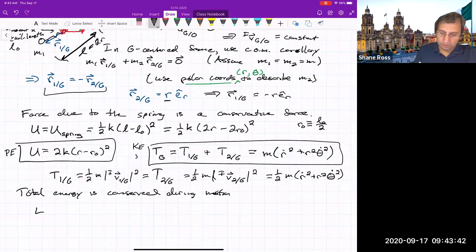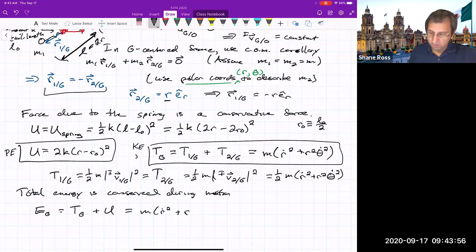And what is that total energy? We could write it as E sub g. It's Tg plus U. And we could just write it out. So this is an expression in terms of the polar coordinates and their time derivatives and some constant parameters like m and k and r naught.